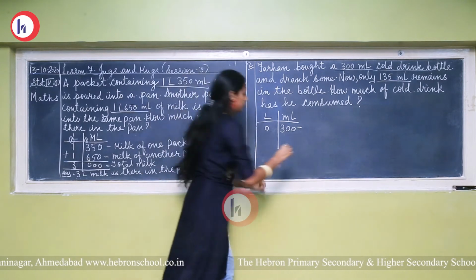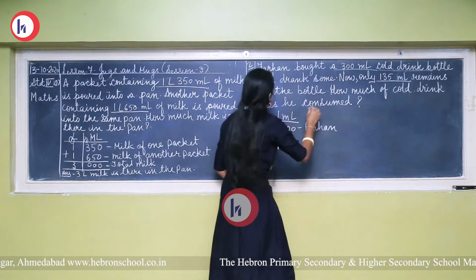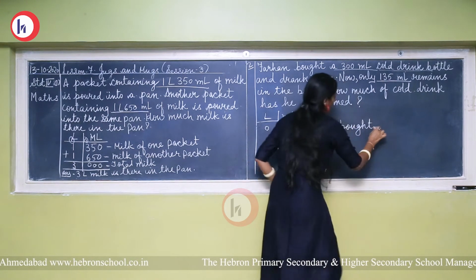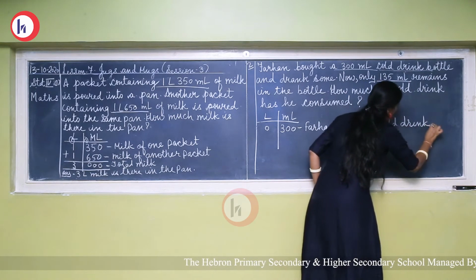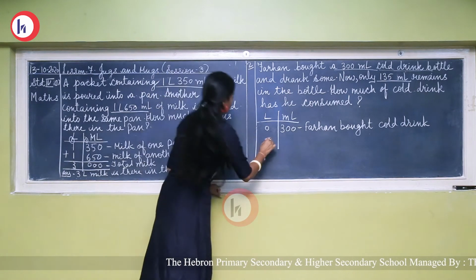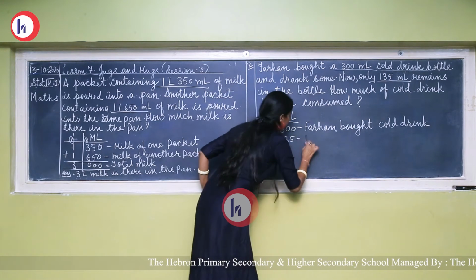Okay, now 300 milliliter, what is this? Farhan bought cold drink. Okay, then after this 135 milliliter remains. So 135 milliliter remains in bottle.